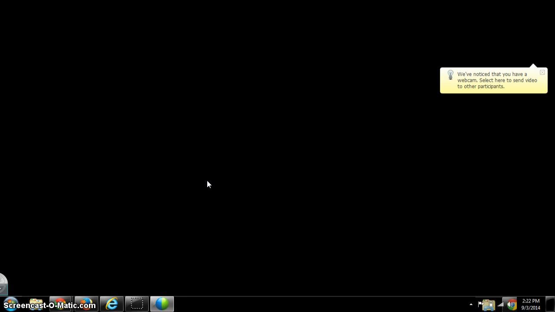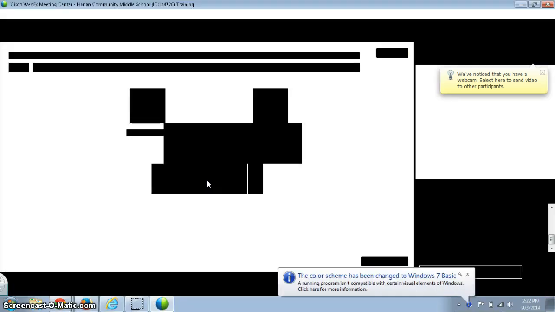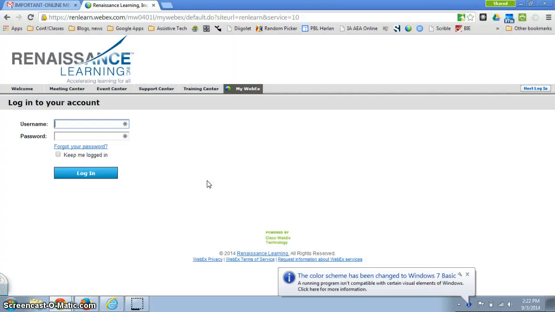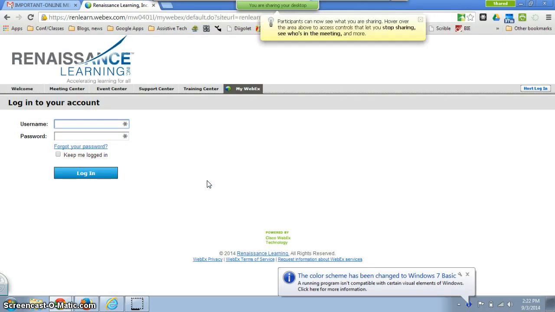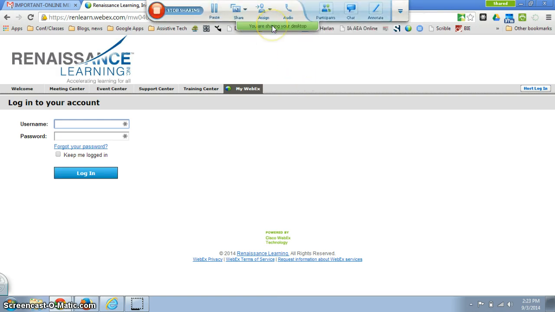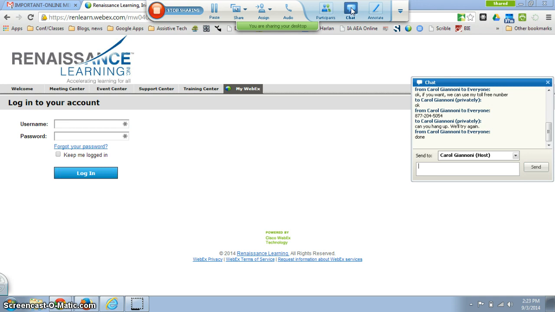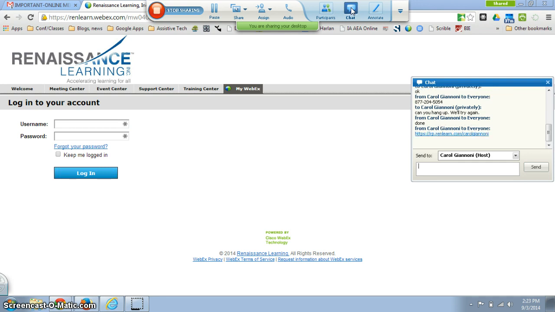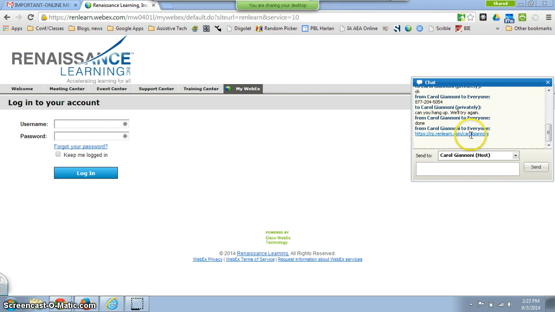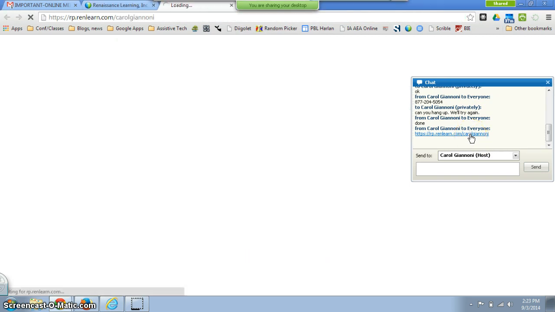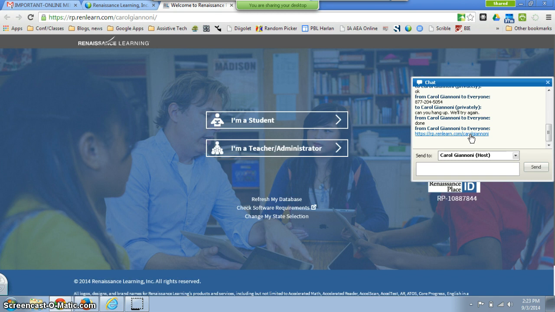Okay, and then if you put your cursor all the way to the top middle of your screen, there's going to be a little drop down that comes down for you, and then you'll see that chat box. Got it? Yep. I'm just going to send you the URL for my site, and then you can just click right on it from the chat box. And then if the chat box is in your way, you can close it.